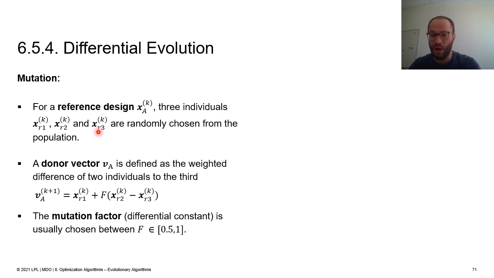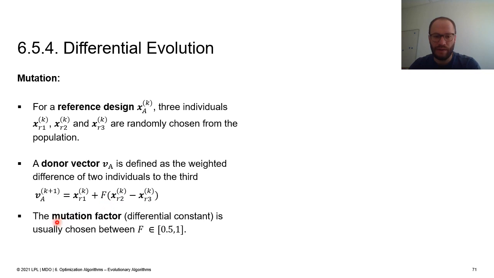That's also the reason why we need at least 4 individuals to carry out the differential evolution. And those are chosen randomly, so there is no evaluation taking place. Afterwards, the donor vector is defined as the weighted difference of these 3 randomly chosen individuals. So one of them is the start point, and then we build the difference vector out of the other 2.